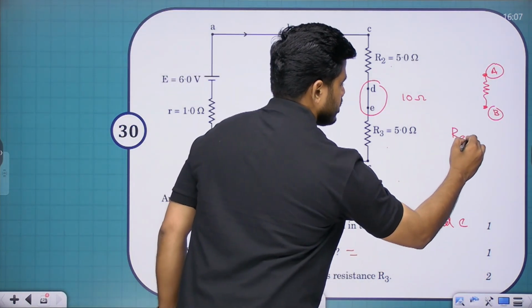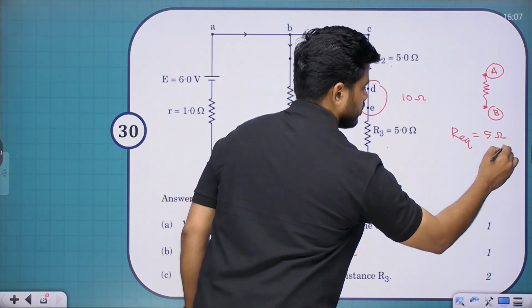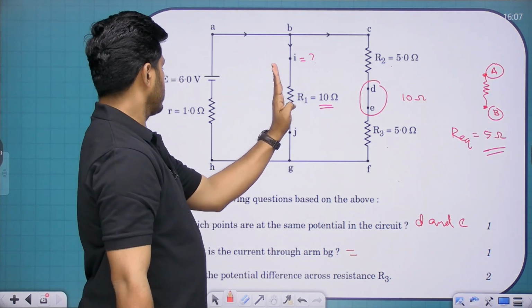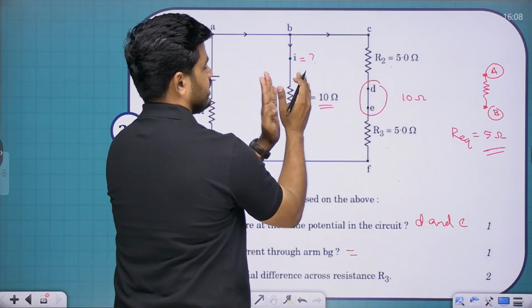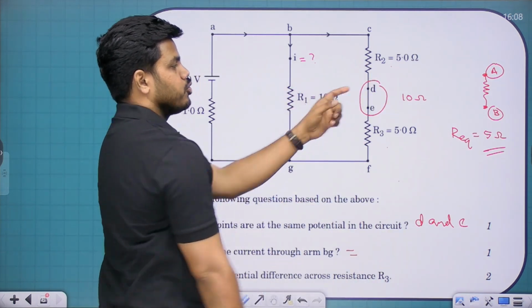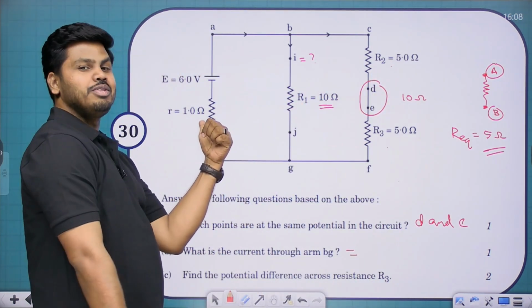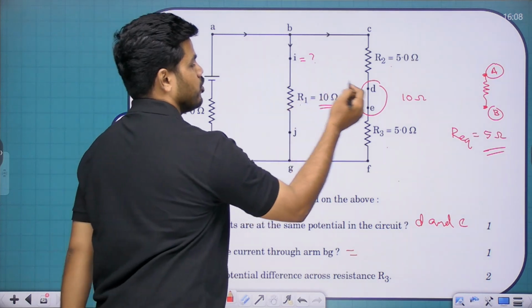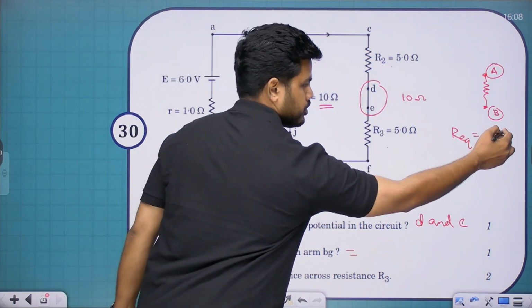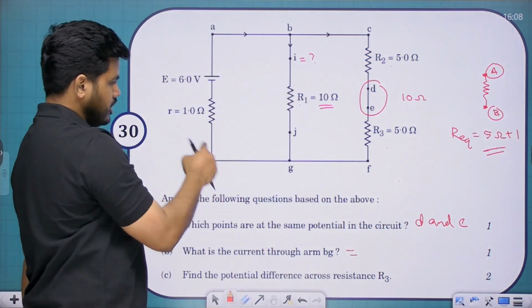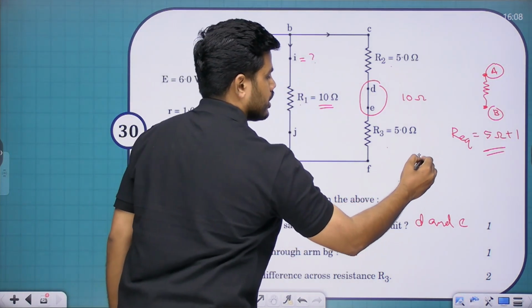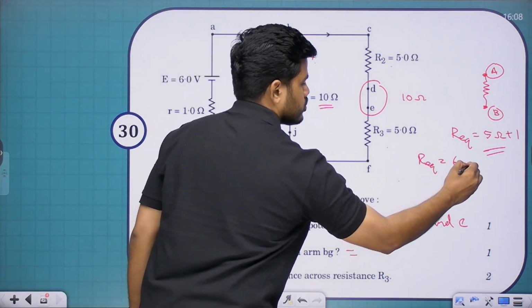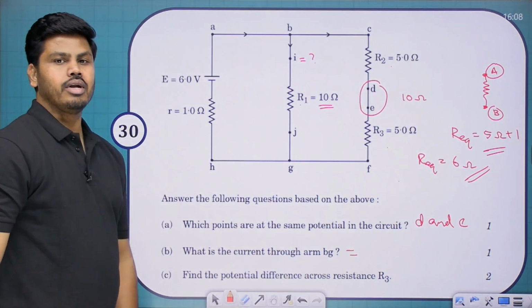But I didn't see this resistance, that also has to be counted, right? So 10 ohm and 10 ohm in parallel give 5, plus 1. This is in series. These two are in parallel together, in series with this one. So R equivalent is 6 ohm.